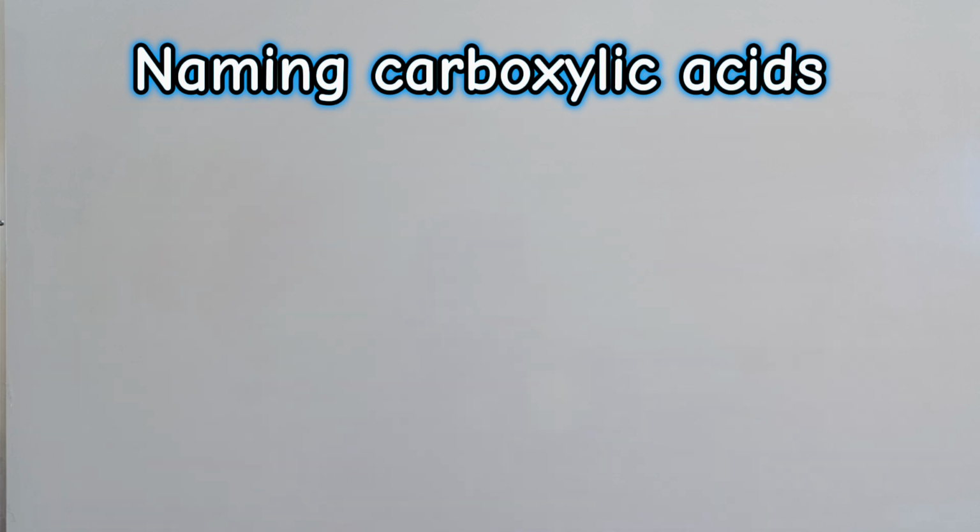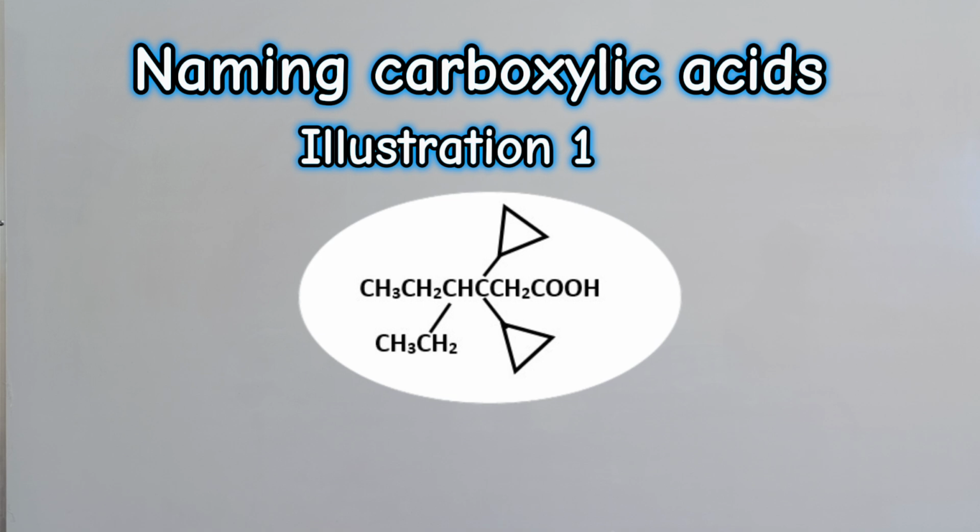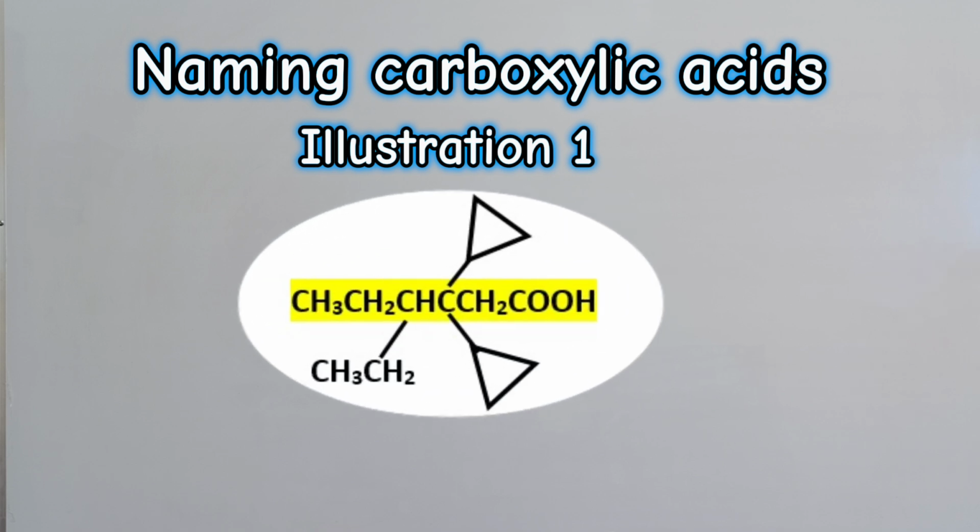By using the guidelines stated above, let us try to obtain the correct IUPAC name for each of the following compounds. On careful observation of the compound, you find out that the parent chain is the one under yellow highlight, since it has the highest number of carbon atoms, and those are 6 carbon atoms.